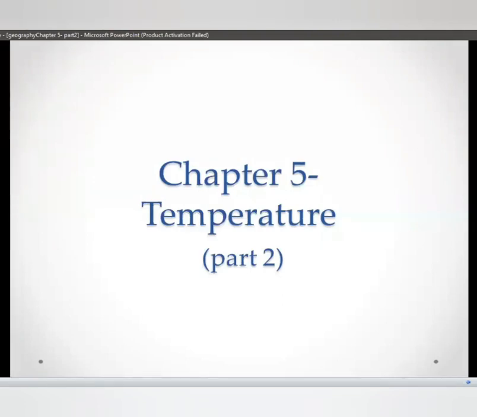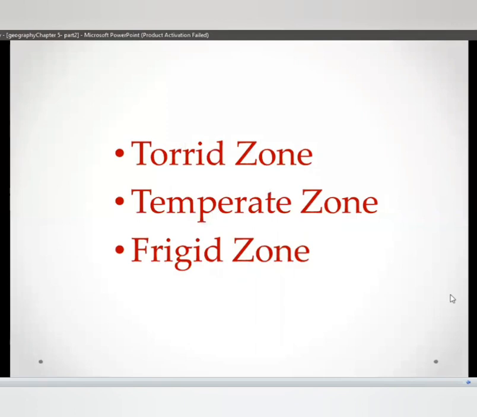So, the zones which were studied were the torrid zone, temperate zone, and frigid zone. In our today's lecture, we are going to study the next part of this chapter.